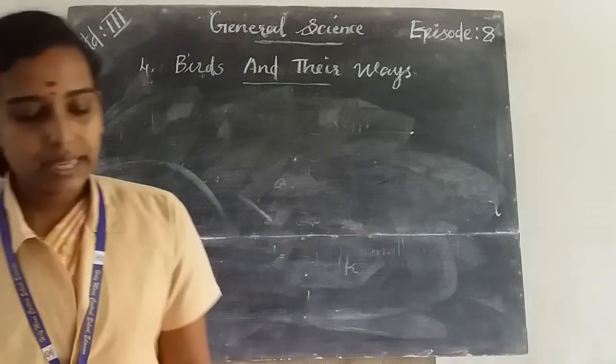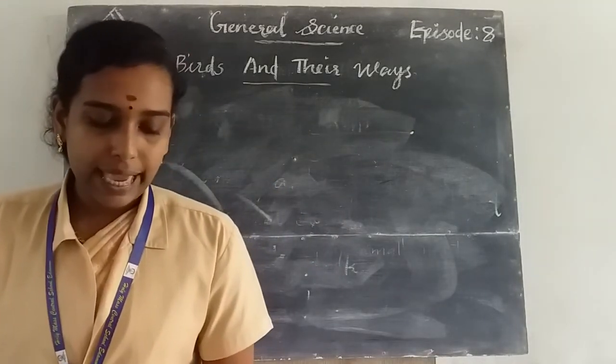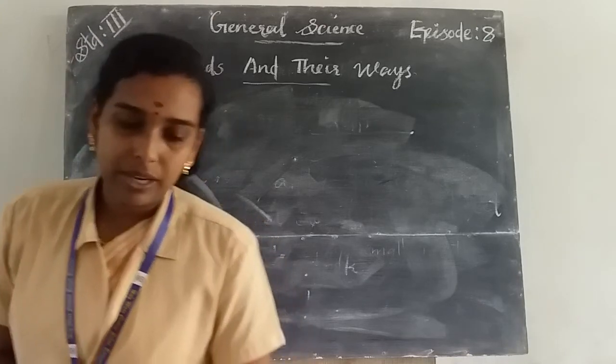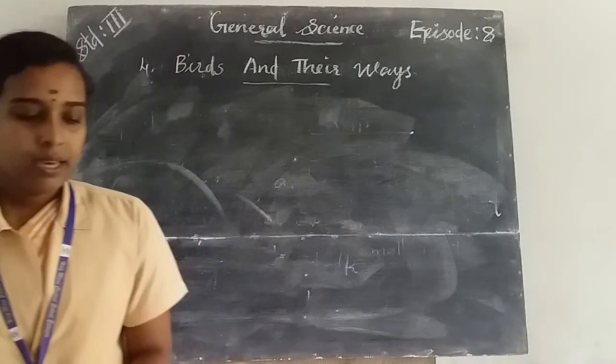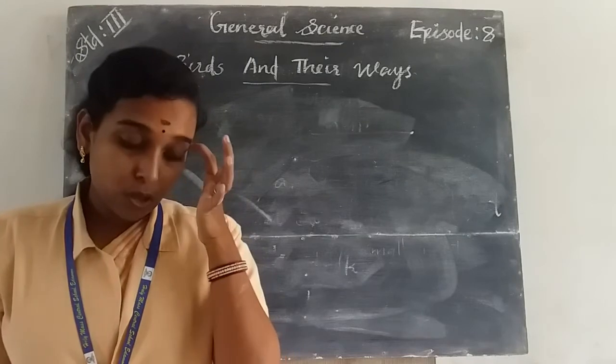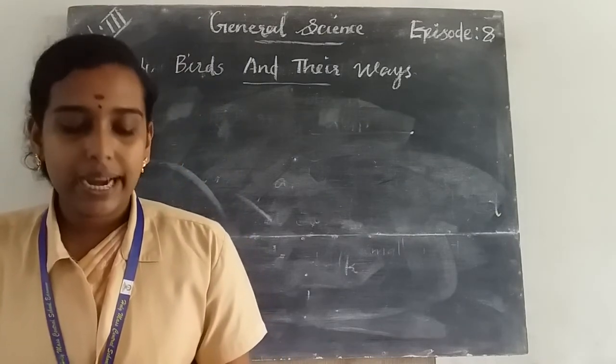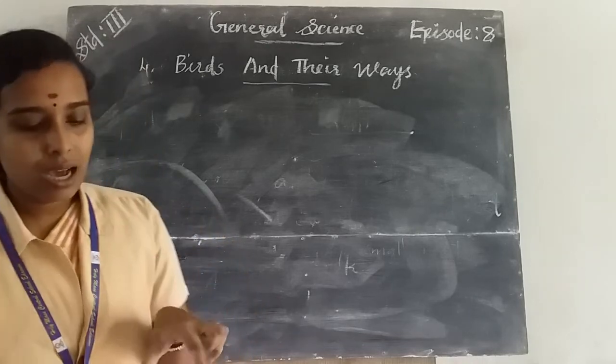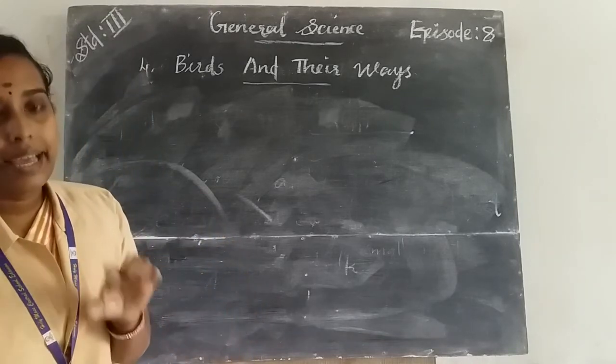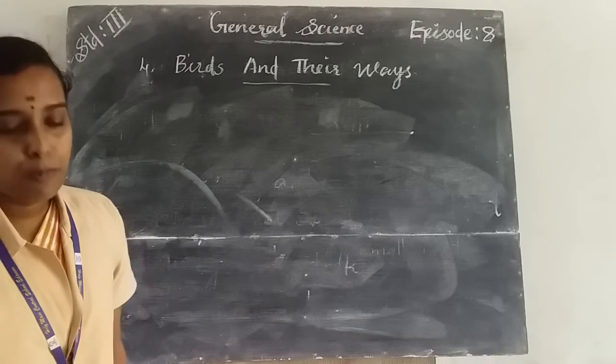So the next category is match the following by writing A, B, C, D, E and F in the given box. Okay. So some types of birds are given and also some pictures of birds, and we identify the type of bird and write the corresponding letters in the boxes.